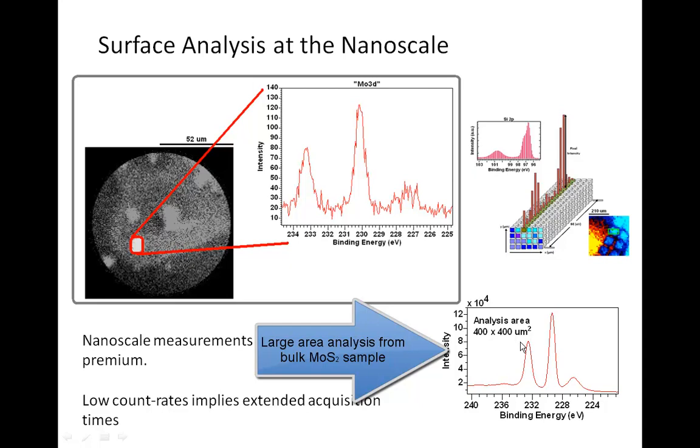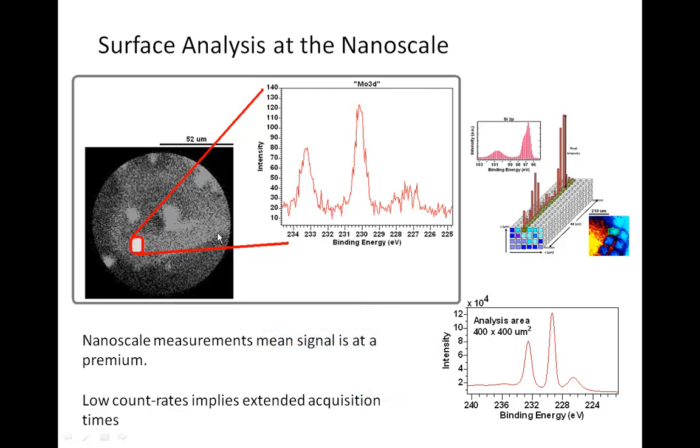However, when we limit the availability of signal, then what we have to do is find ways to improve the sensitivity of an instrument or extend the acquisition time so that we can then try to obtain the type of signal that we can genuinely interpret using techniques such as peak fitting or curve fitting, as we're going to describe in this video.